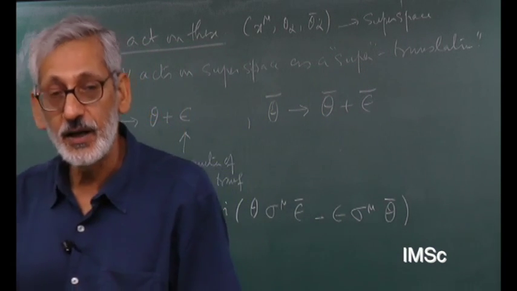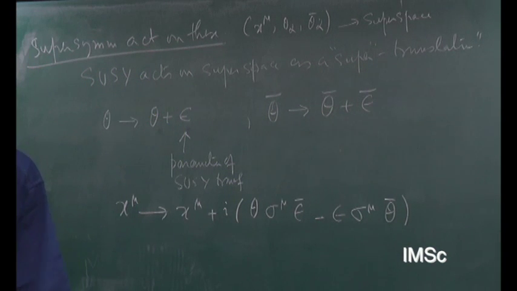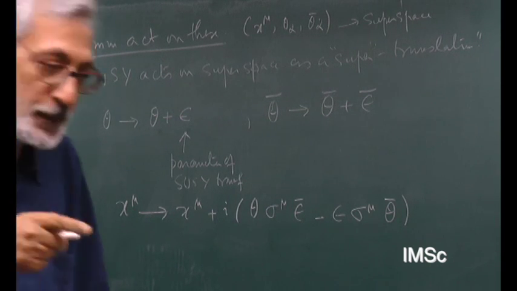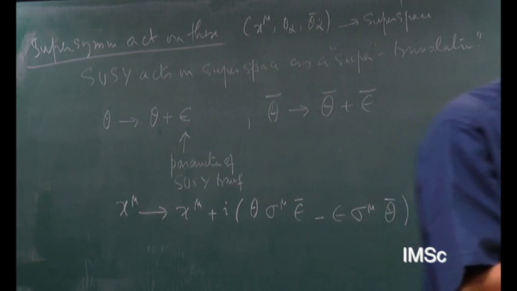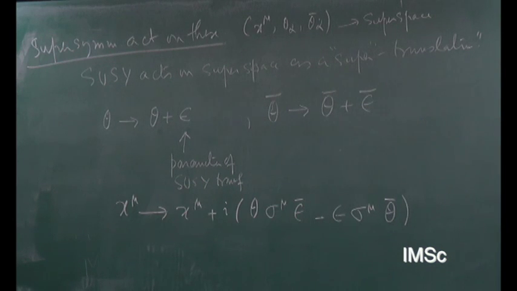Because the corresponding generators, which we will write soon, are the ones that satisfy the supersymmetry algebra. In ordinary space, P mu is a translation generator, and the supersymmetry algebra is Q's and P's, Q bar and P.